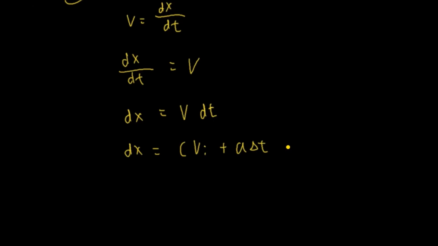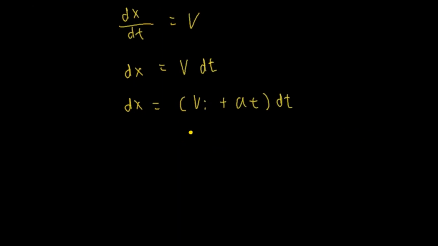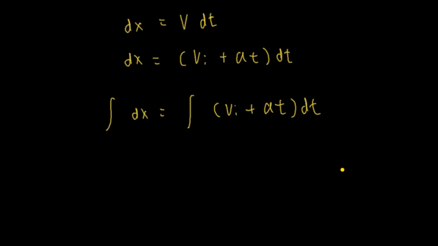For the purpose of the integral, we will leave it as t for now instead of saying delta t, dt. So I substitute v final into this v here, v initial plus a times t. Now I can integrate both sides. In order for me to get position x, I have to integrate dx. Integrate this side as well, v initial plus a t dt.